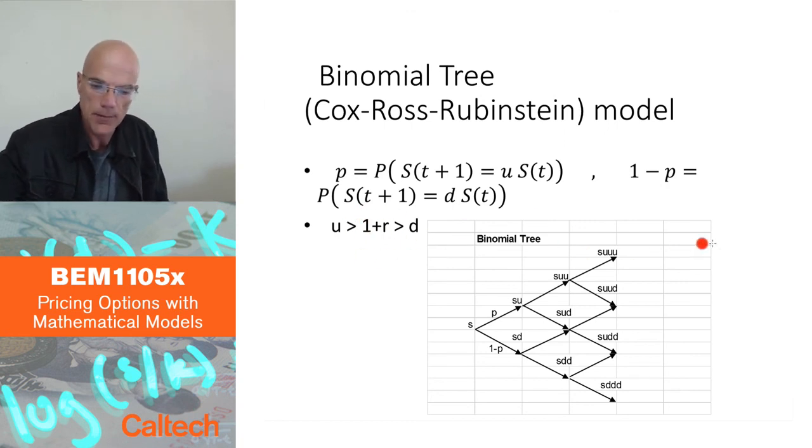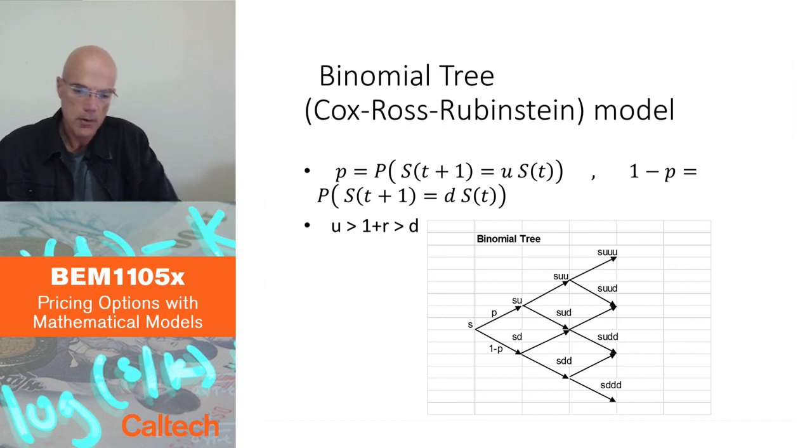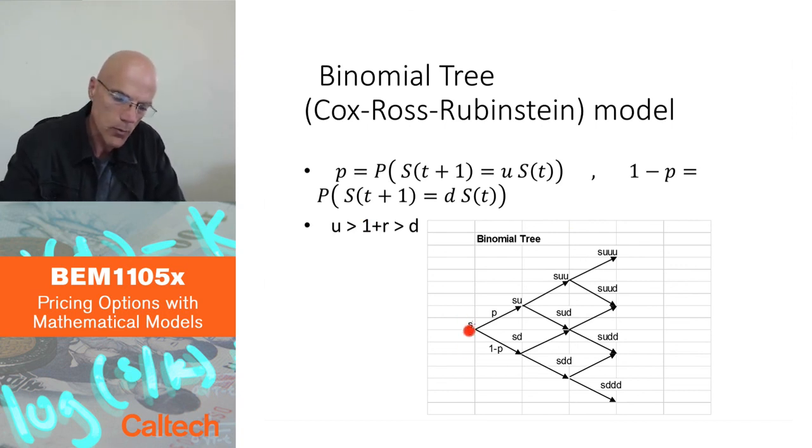All right, so graphically, the binomial tree model: you start with the initial value of the stock S. With probability p it goes to s times u, again with probability p it goes to s times u squared. So each time you go up, you multiply by u. Each time you go down, which is with probability 1 minus p, you multiply by d.